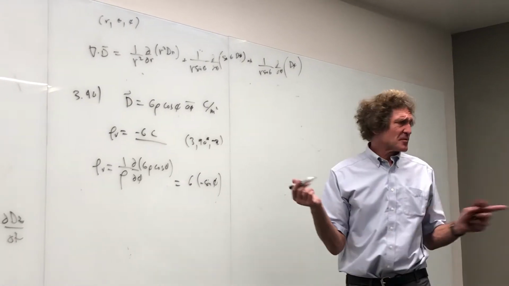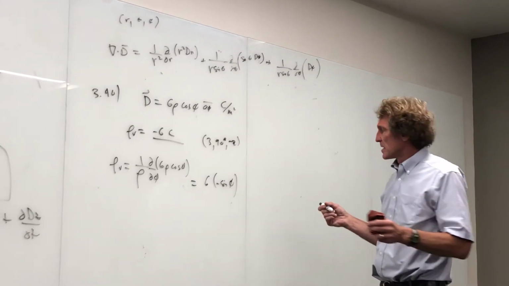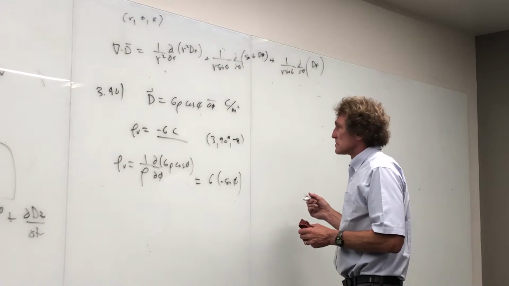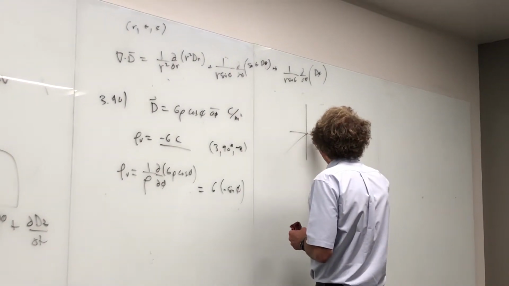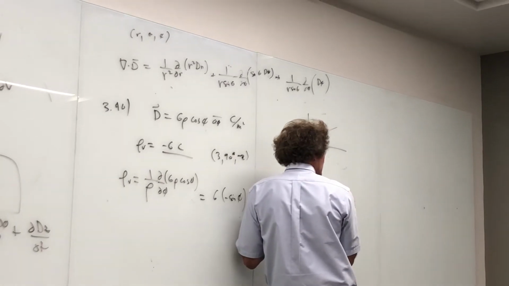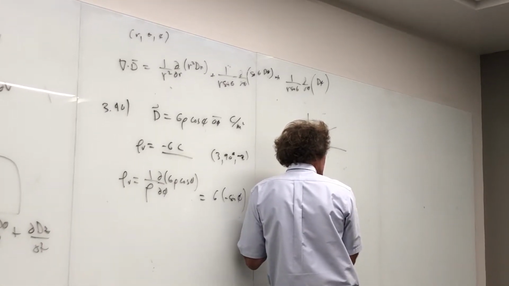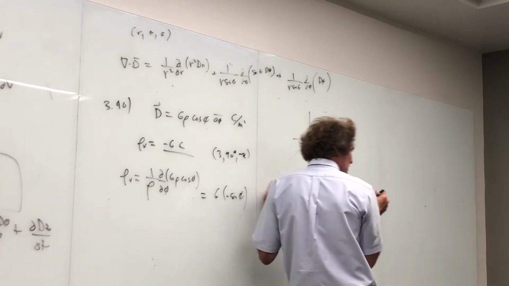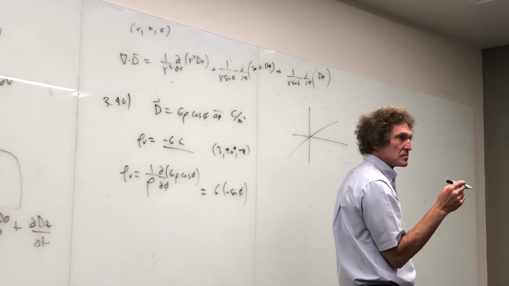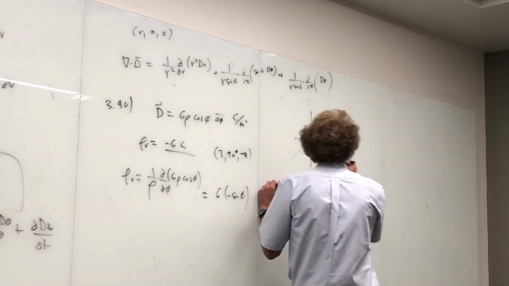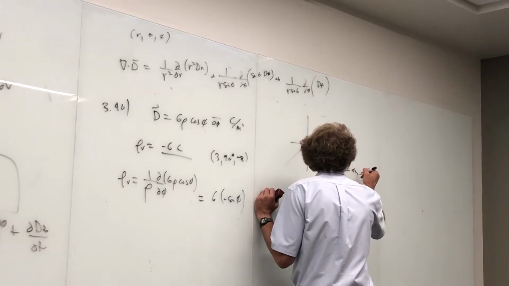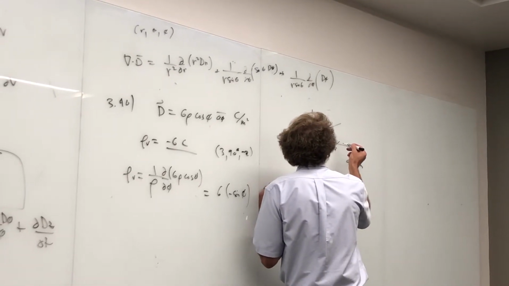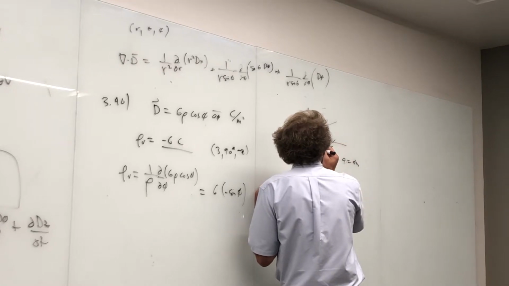Next, what did they ask for? Find the total flux through the surface of the quartered cylinder defined by rho greater than 0 and less than 4 meters. All right, so he's going from 0 to A, and A is 4 meters. And then phi is from 0 to 90.